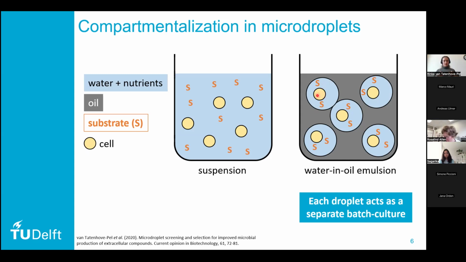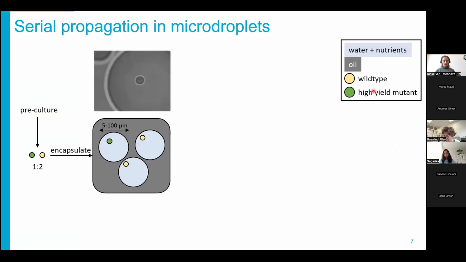So each droplet acts as a separate batch culture, we say. As a separate culture, this cell only has access to this substrate, this cell only has access to that substrate. So there is no competition on substrate consumption between these different compartments. So if we use this system, what does it then look like and what do we select for?